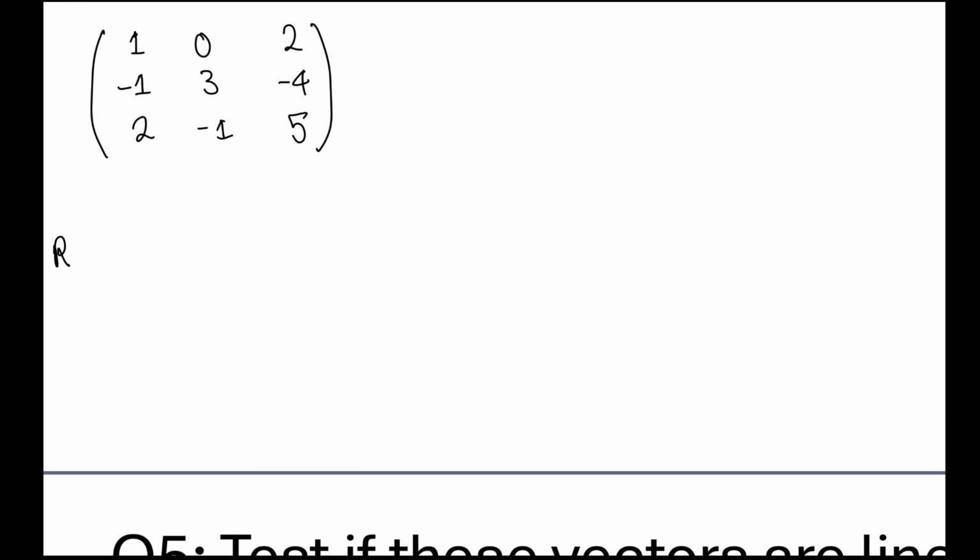In order to do that, we have row 2 plus row 1, and then row 3 minus 2 lots of row 1. That gives us 0, 0, and then 3 plus row 1 is just 3, and then minus 4 add row 1 would be minus 2.